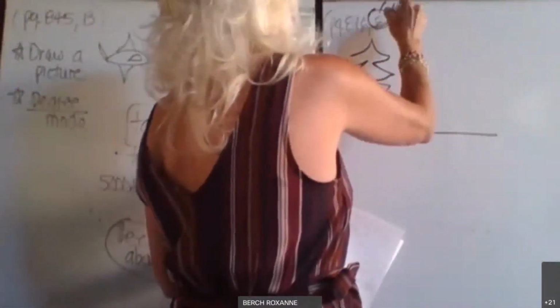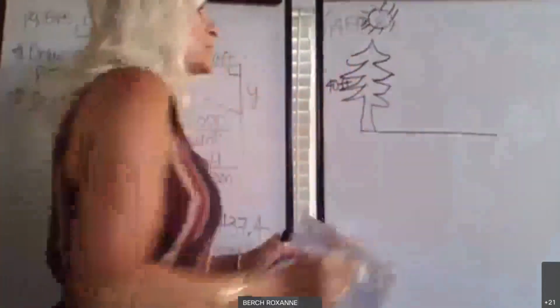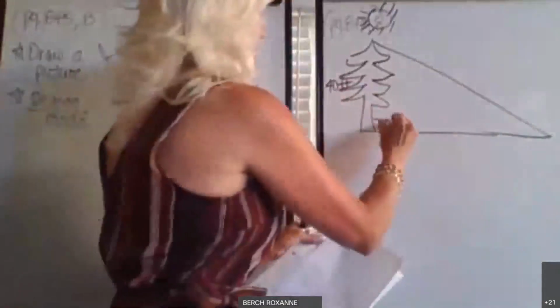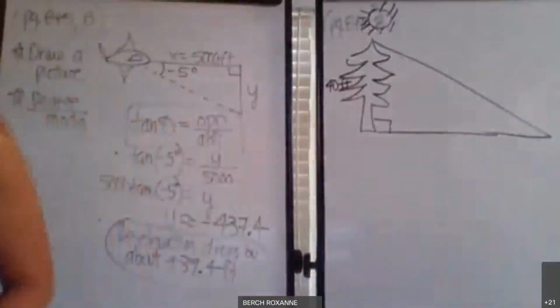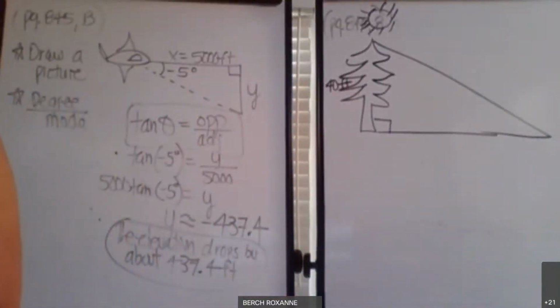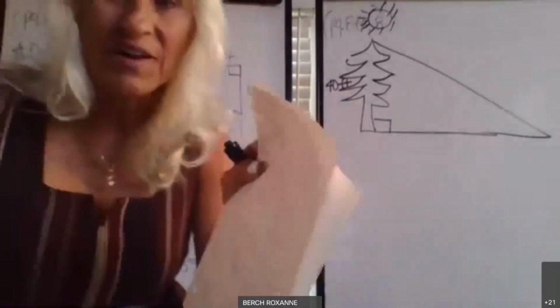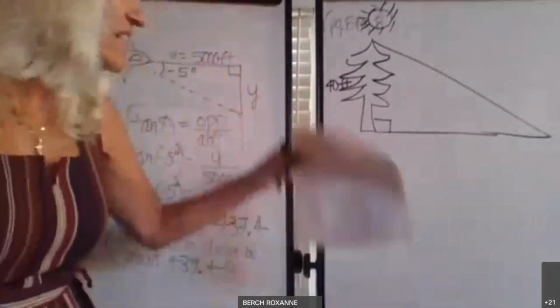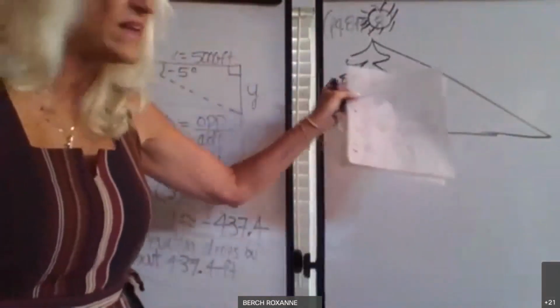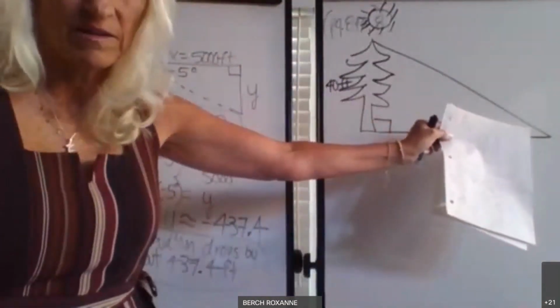So here's the sun, at an angle of 0.5 radians relative to the horizontal. So are they talking about this angle or are they talking about that angle?